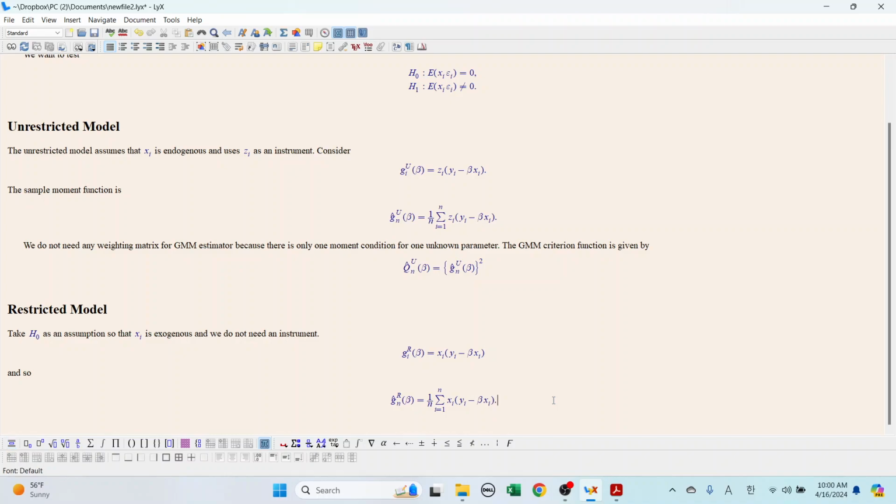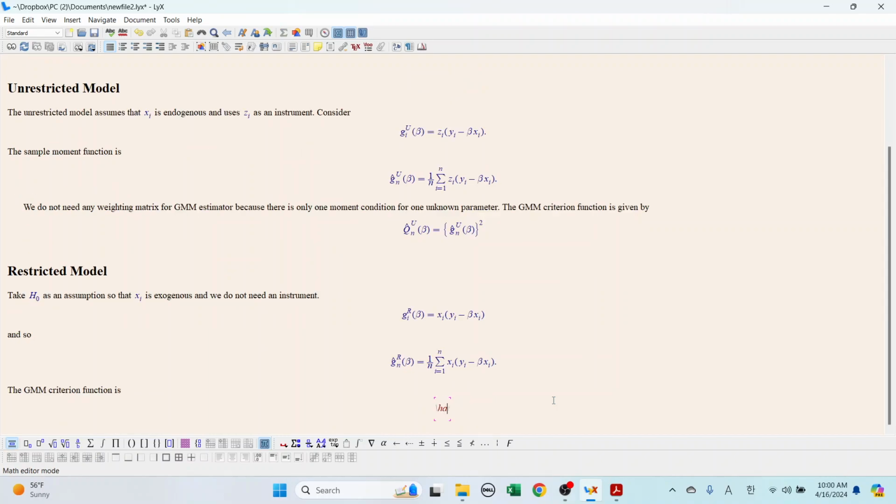In the restricted model, we can do the same thing. The GMM criterion function is like this.